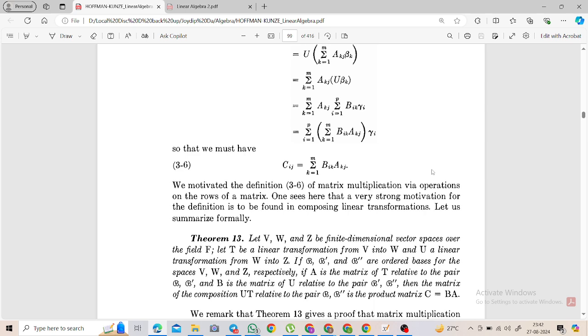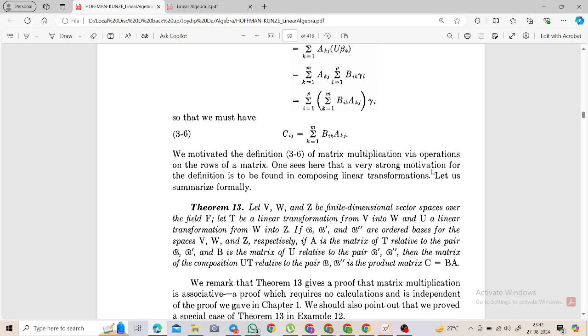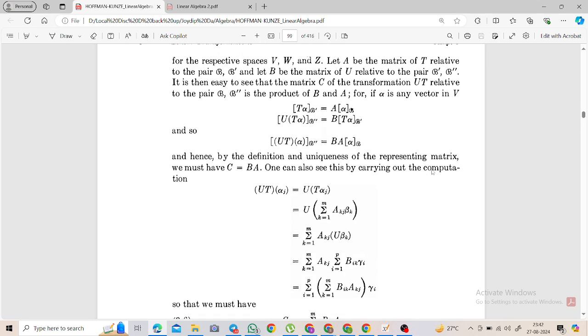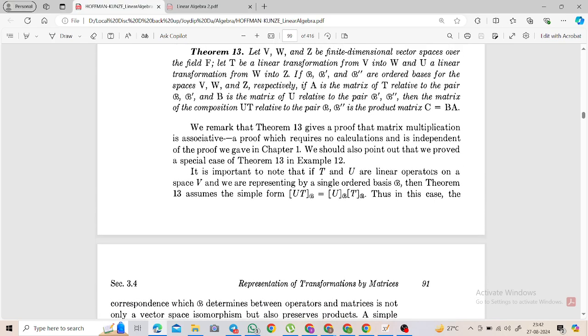Rows or columns, one sees a very strong motivation for defining the product to be the matrix of the composite linear map. Okay. This is also a basic theorem, I think. Please see the statement.